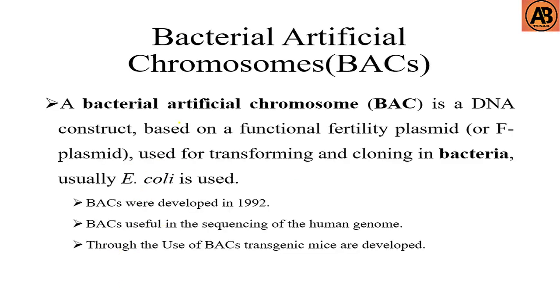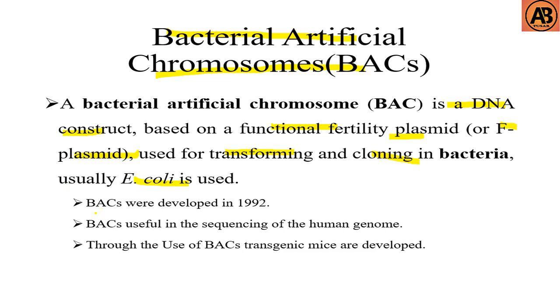Then BAC, that is bacterial artificial chromosome. A bacterial artificial chromosome is a DNA construct based on the functional fertility plasmid, or F plasmid, used for transforming and cloning in bacteria. Usually E. coli is used.